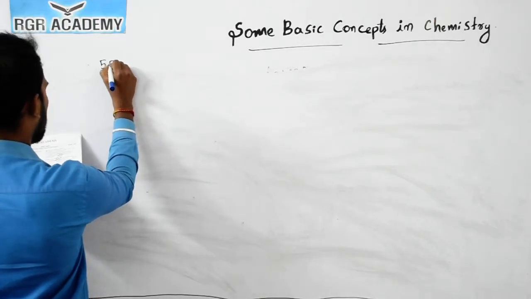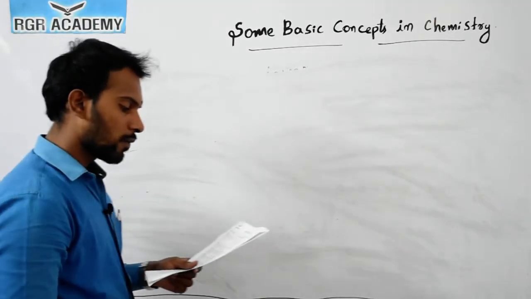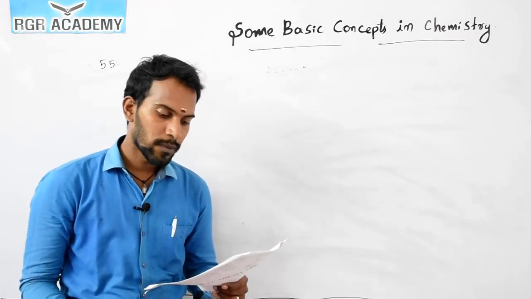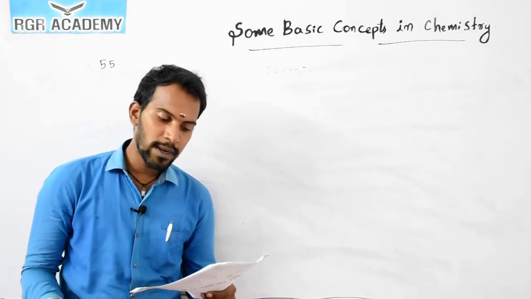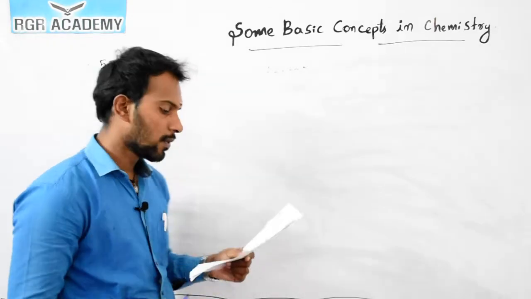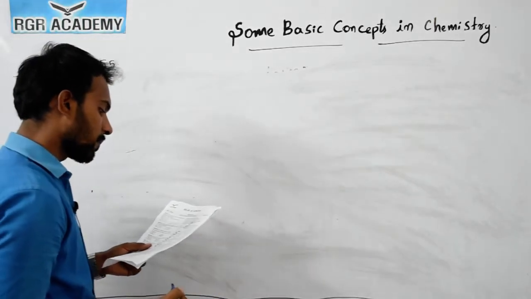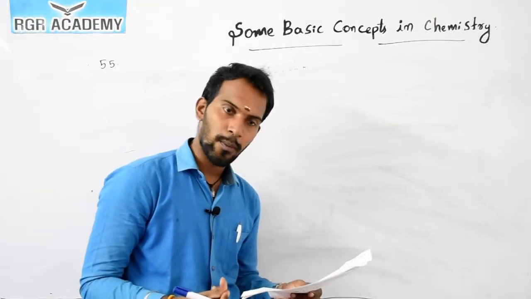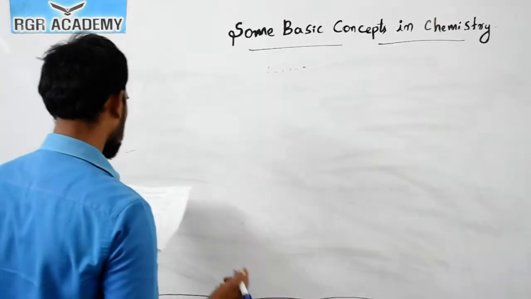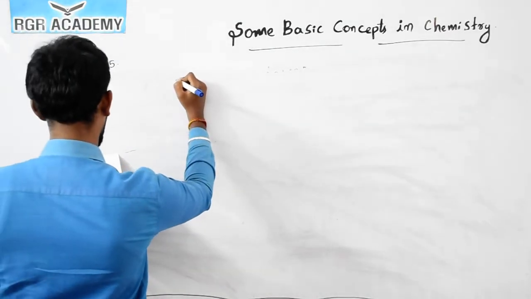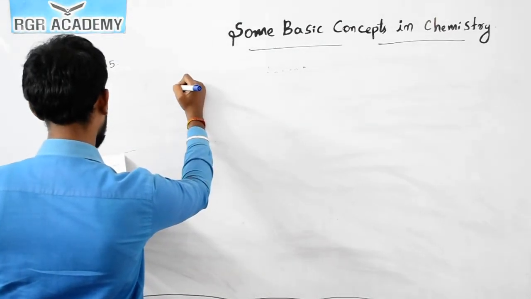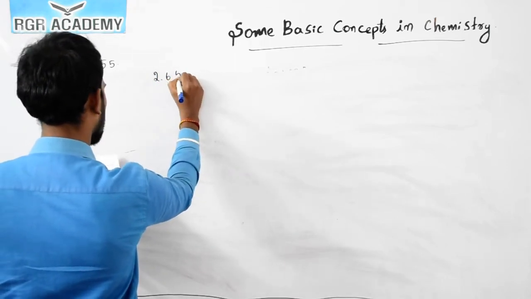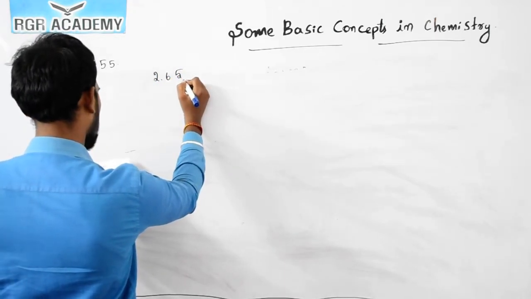Question number 55: 250 ml of sodium carbonate solution and 2.65 gram of sodium carbonate. So here we are going to take volume and normality. So before going to this one, they are asking 2.65 gram of sodium carbonate in 250 ml.